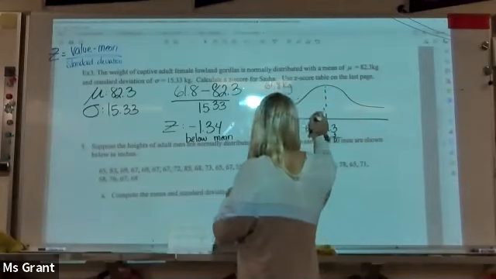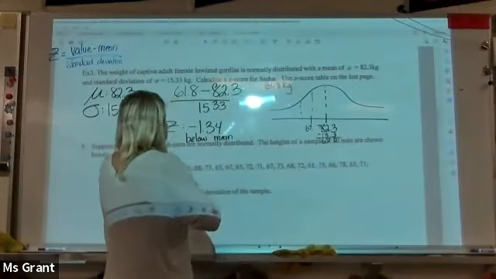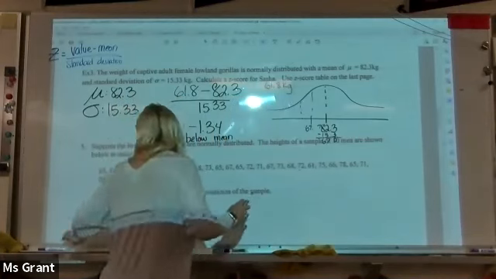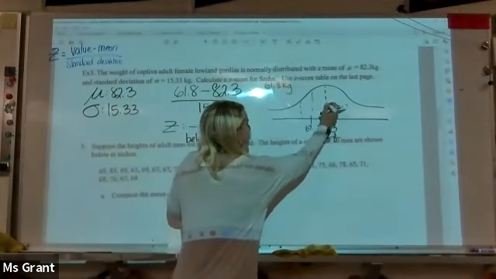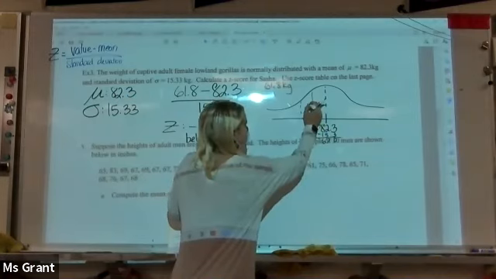But anyway, Sasha is negative 1.34. Here's what that looks like. Negative 1.34. Maybe like there.